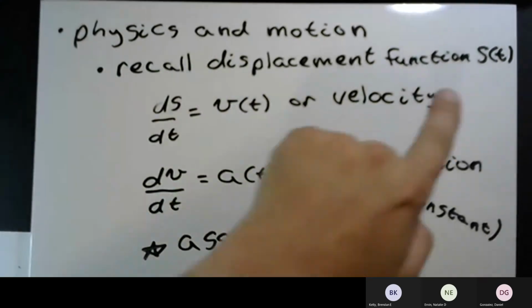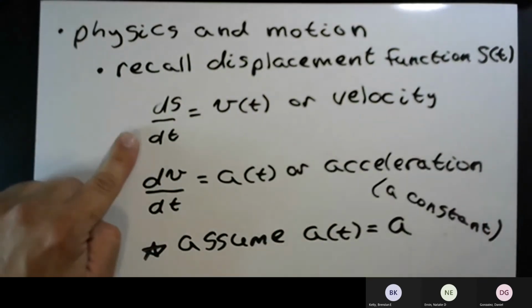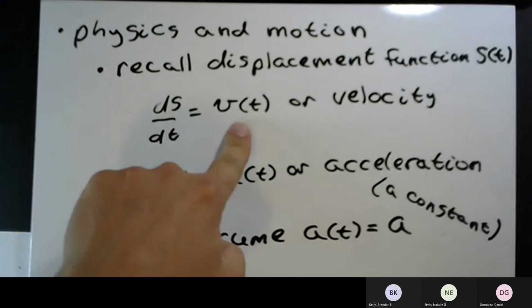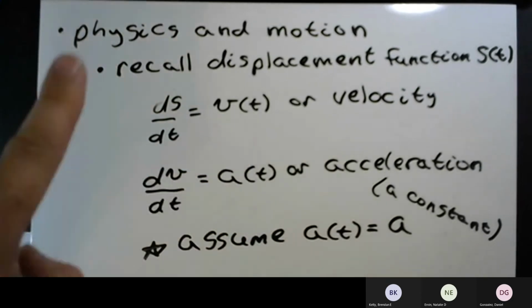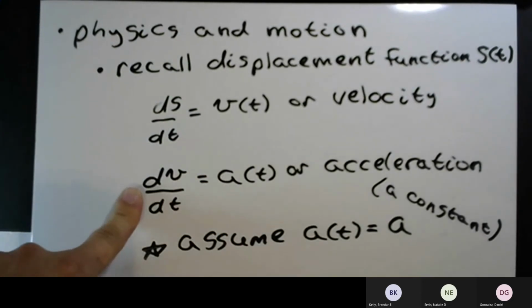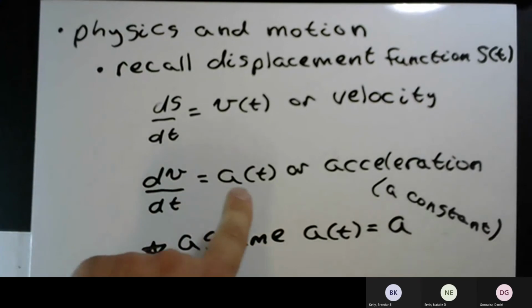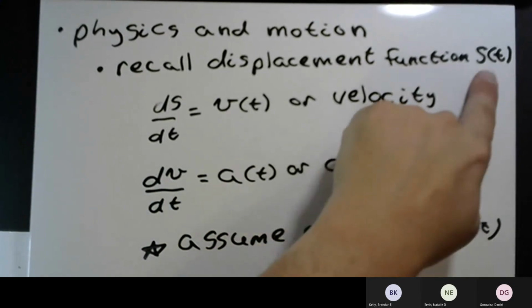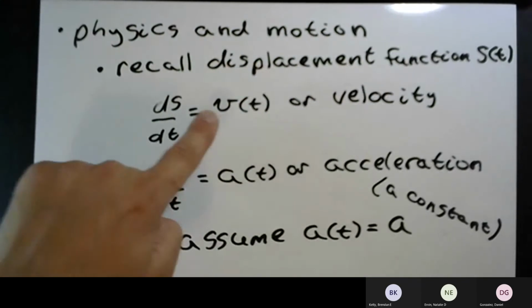When you have a displacement function and you take its derivative with respect to time, you get velocity. Take a velocity function, take its derivative with respect to time, you get acceleration. So changing displacement gives you velocity.